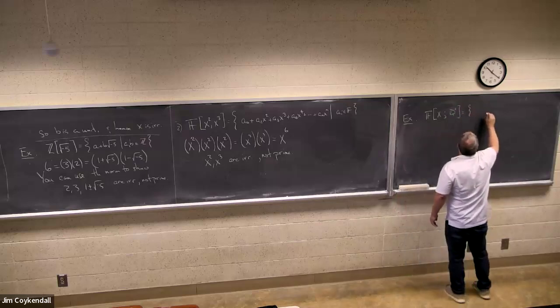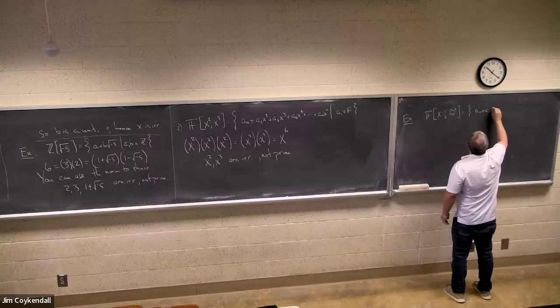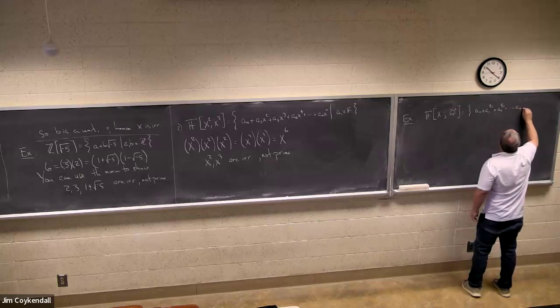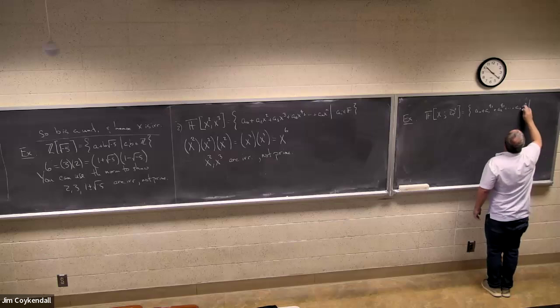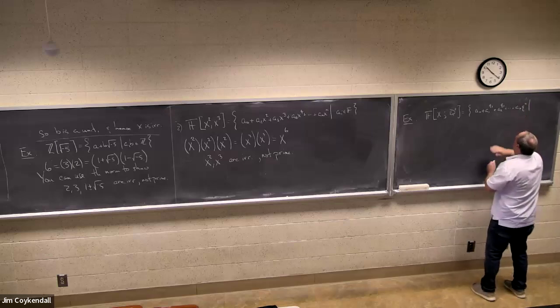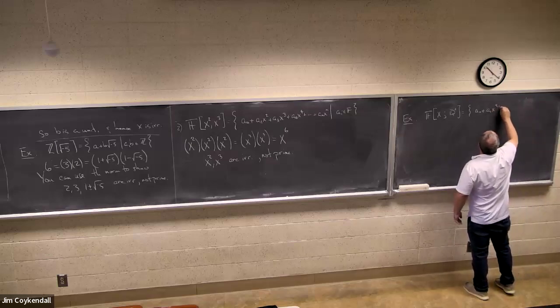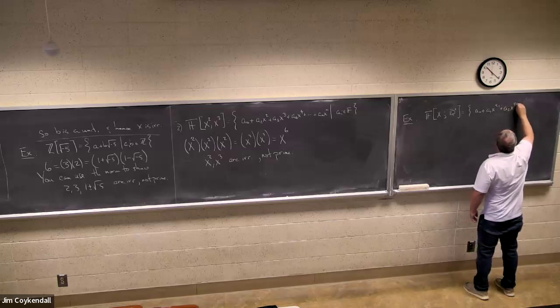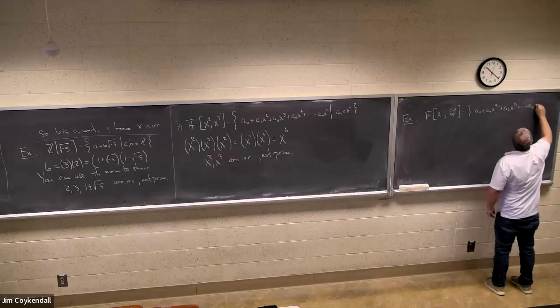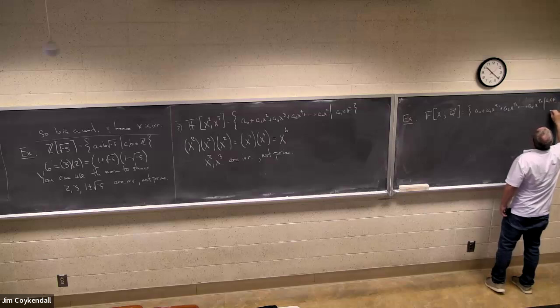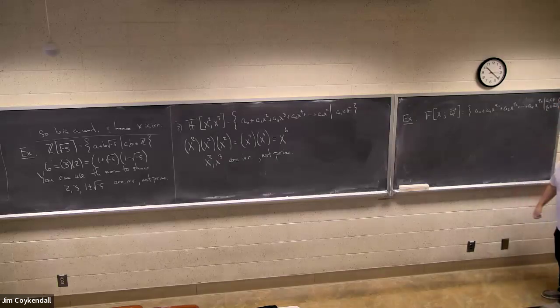This is the set of things that look like A0 plus A1 x to the Q1 plus A2 x to the Q2, up to AK x to the QK, where the Ai are in the field and the Qi are positive fractions. Is that what you had in mind?